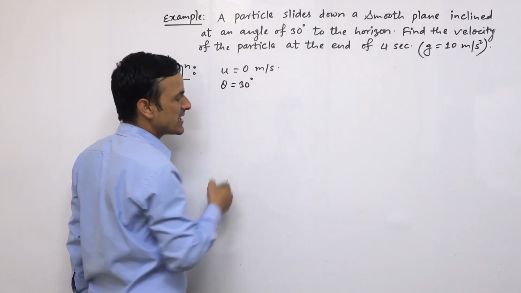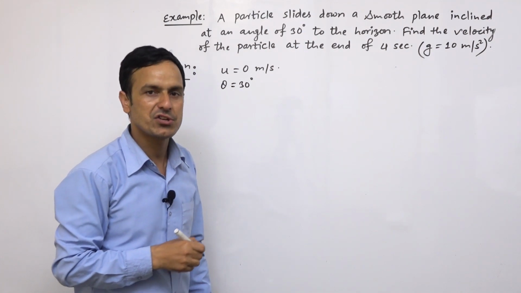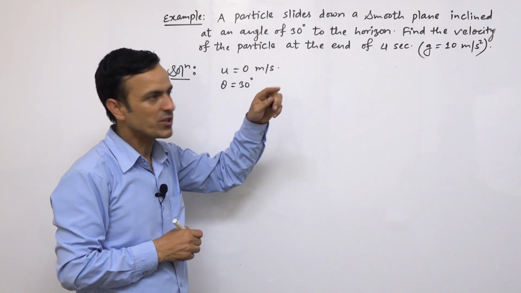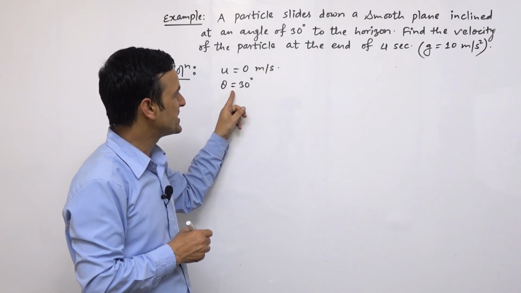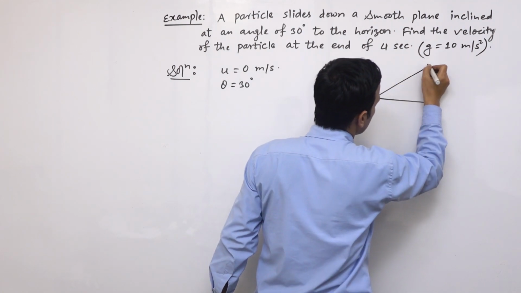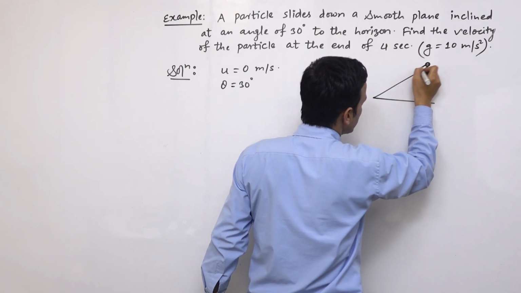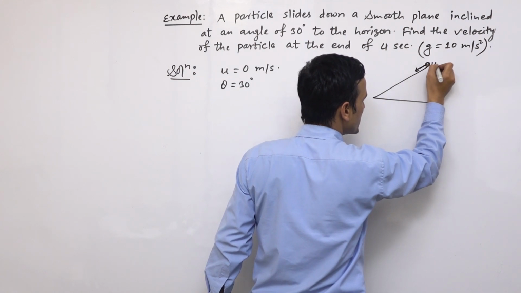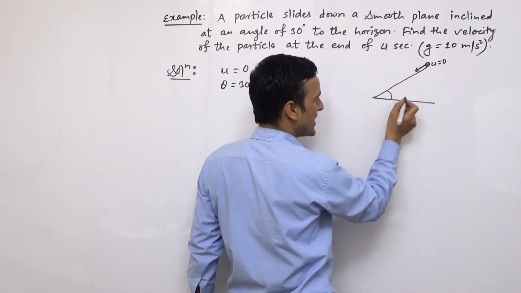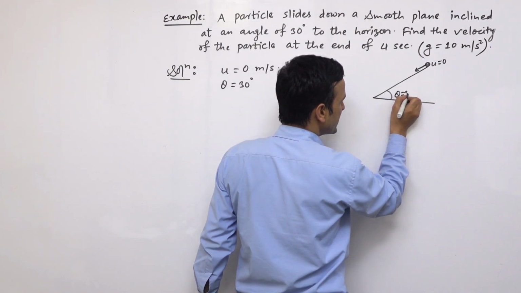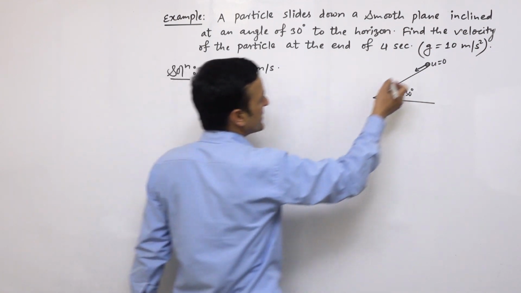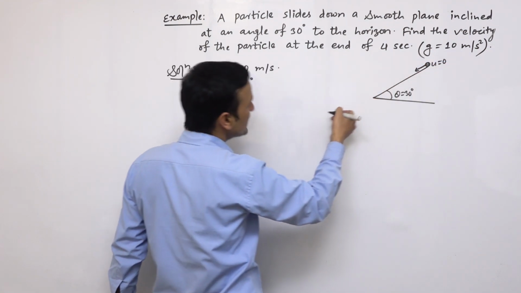It is also known as the angle of inclination, the angle made by the inclined plane with the horizontal line, so it is θ. Also we can draw the figure: if the particle is here and it is sliding down from here, then u is 0, and the angle made by this inclined plane with the horizontal line is θ, so it is also given. So it is sliding from upward to downward.